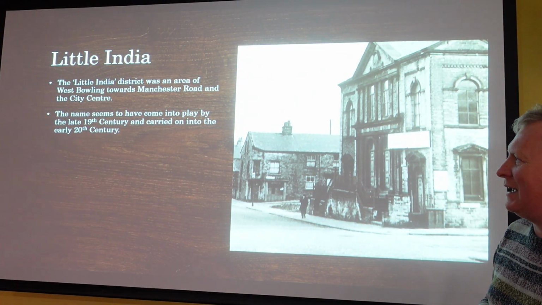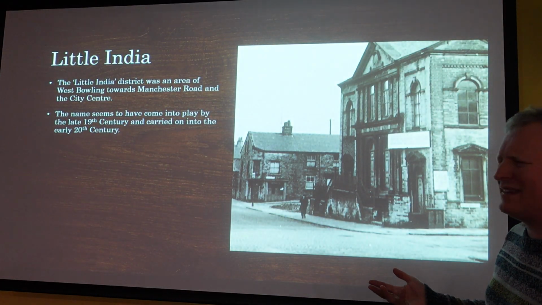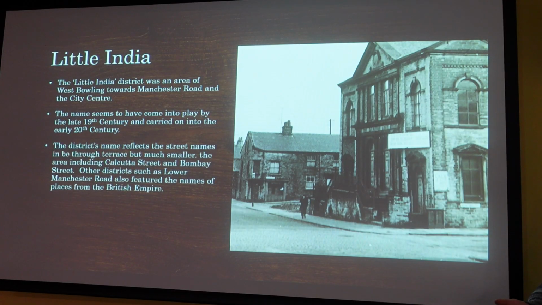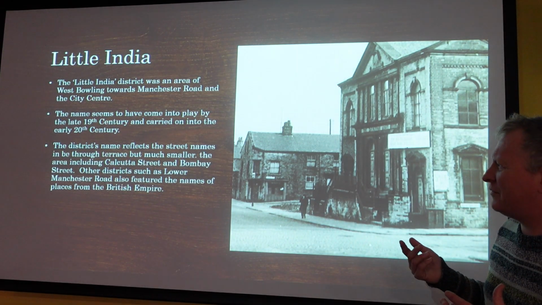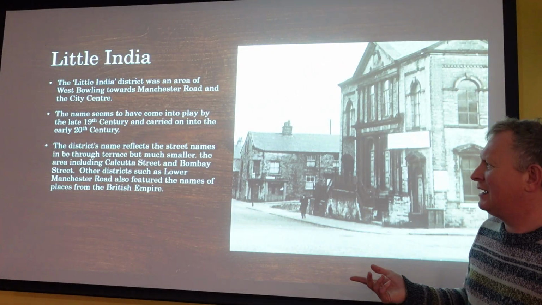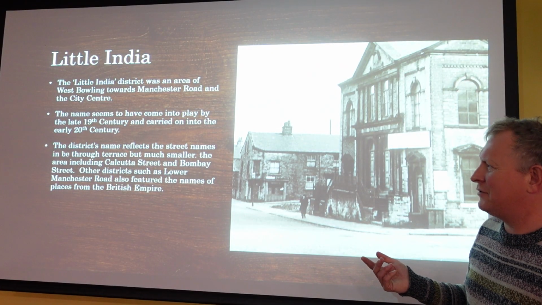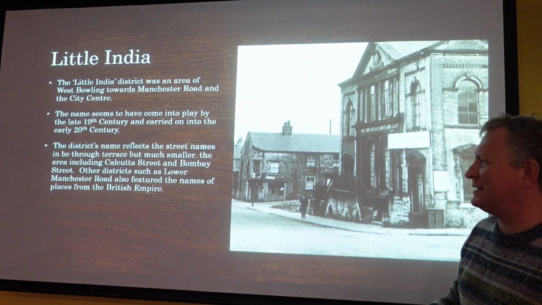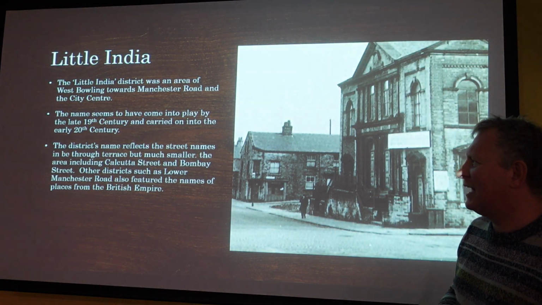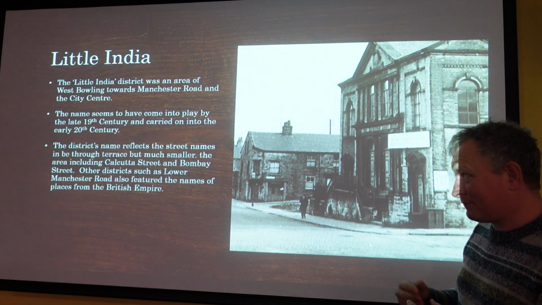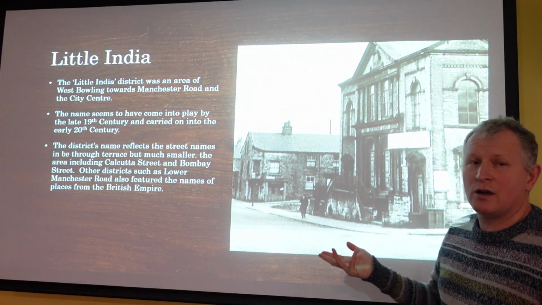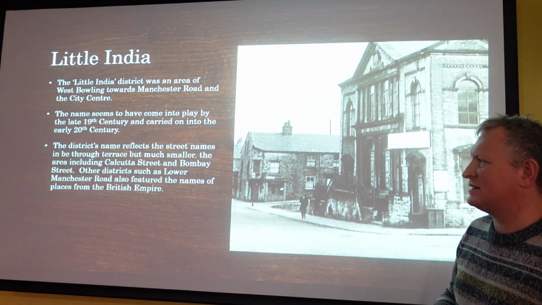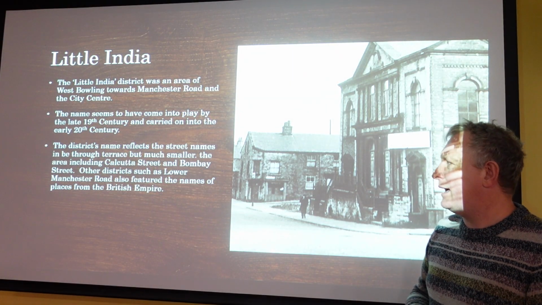There are references to it that carry on into the early 20th century, then it seems to fall out of use. The names of the streets in the area are the reason that the area got its name. So Calcutta Street and Bombay Street, and there were other districts like Lower Manchester Road, which I'll talk about briefly this afternoon at the end, which had names of places from the empire as well.